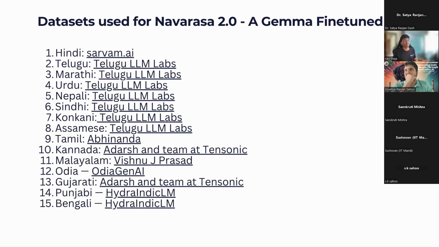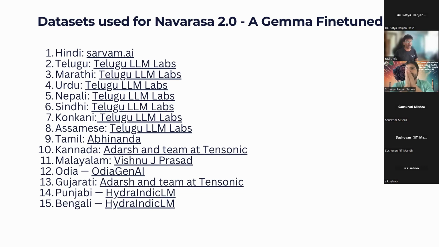So we initially started with Telugu, whatever Telugu datasets we have, and then we fine-tuned it, and we saw really good capabilities with the Gemma Telugu. Then we thought, since it is very good, why don't we extend it to 9 languages, which are very prominent in India.